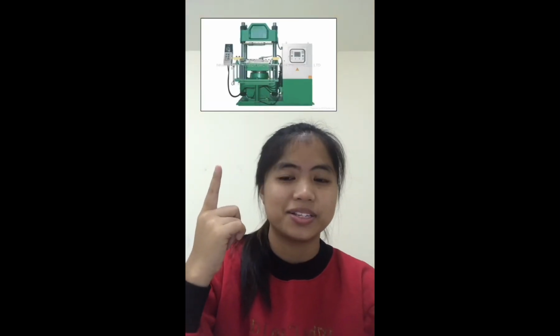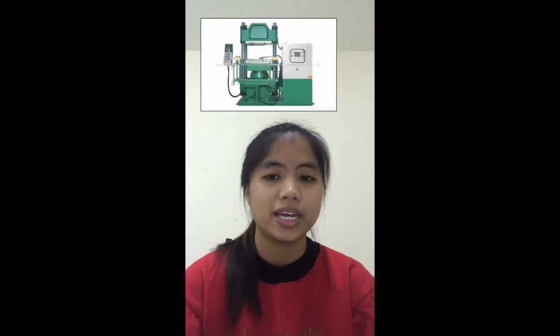Here is the compression molding machine that we usually use. Lastly, rotational molding, commonly referred to as rotomolding, is a plastic casting technique used to produce hollow, seamless, and double-wall parts. Here is the machine that we use in rotational molding.